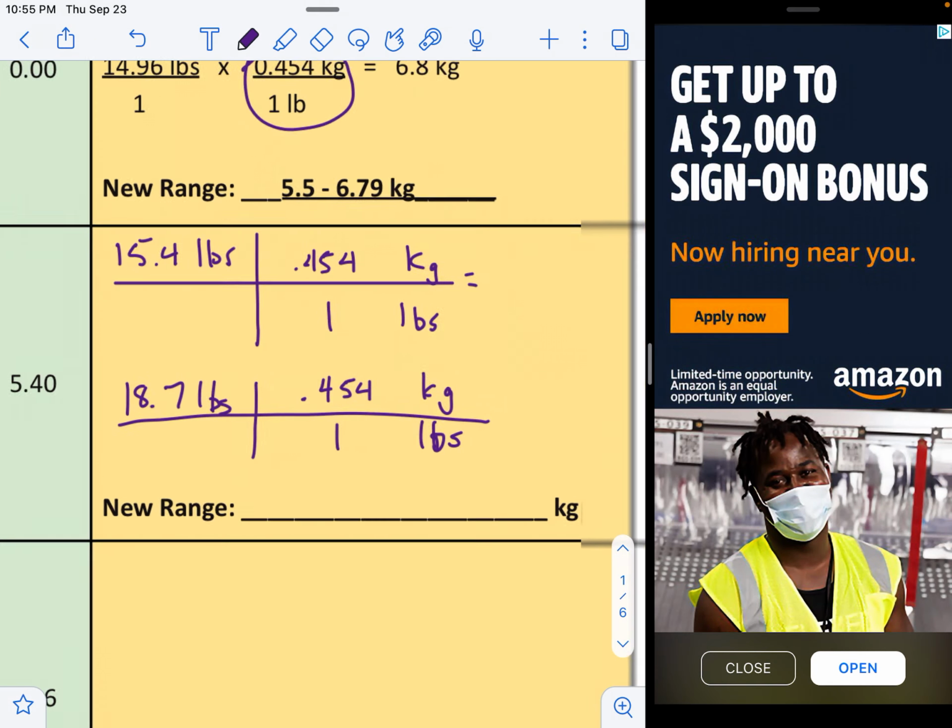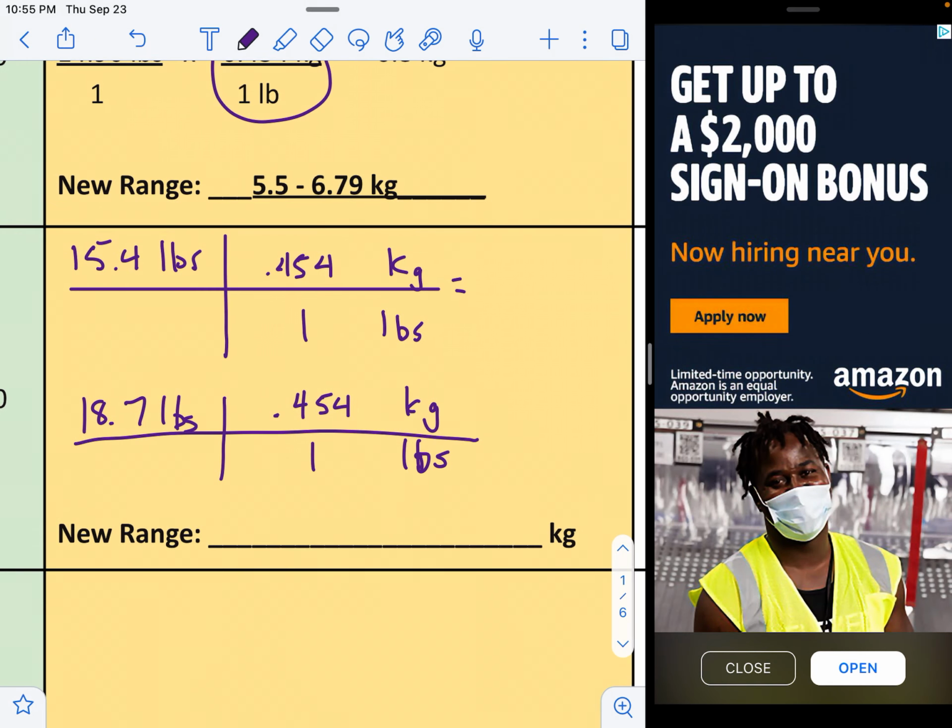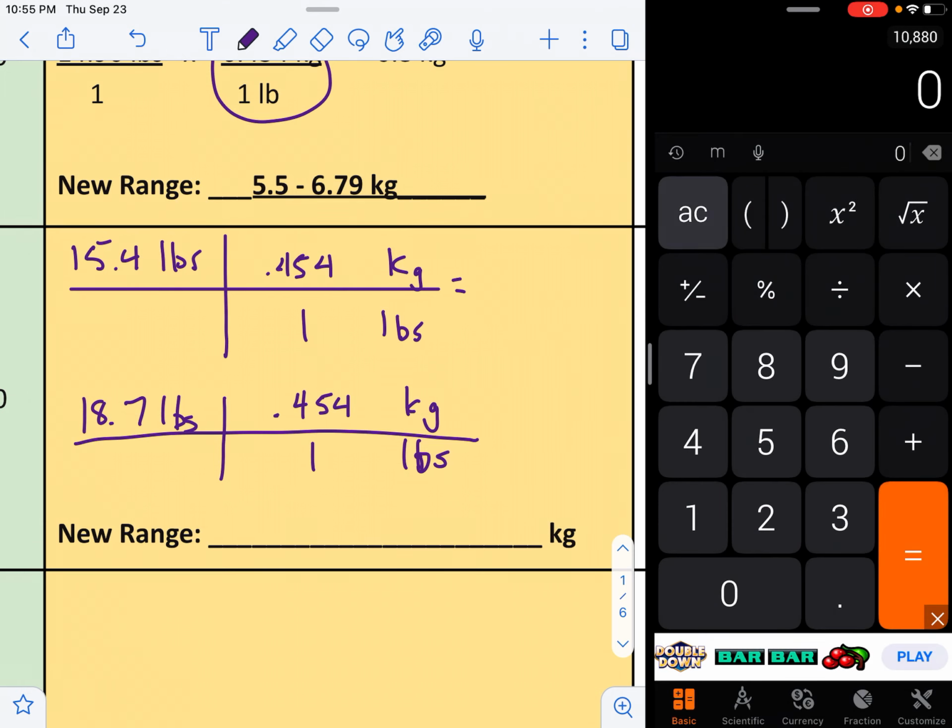Now, we want to calculate this. So we're going to split screen and use our calculator. We'd go 15.4 times 0.454 equals 6.99.